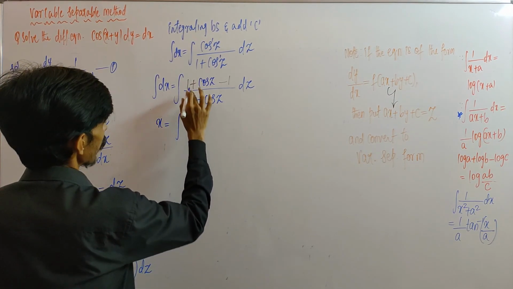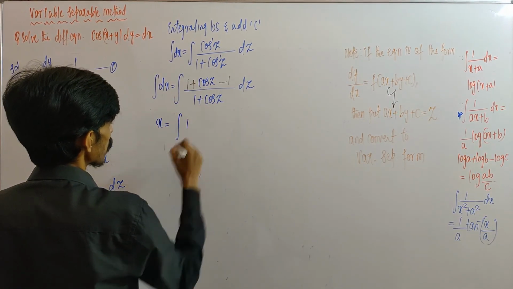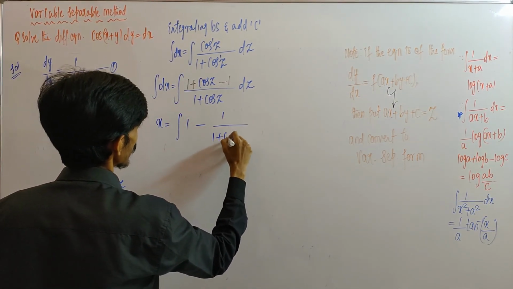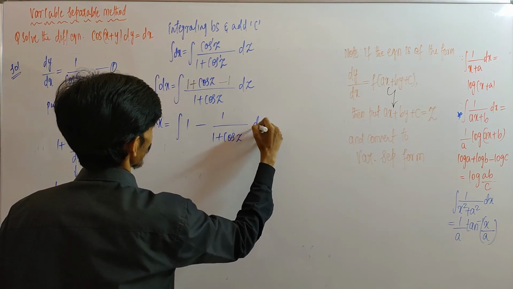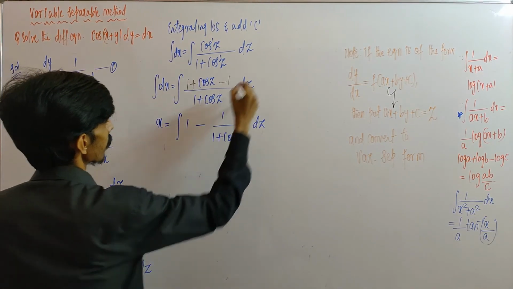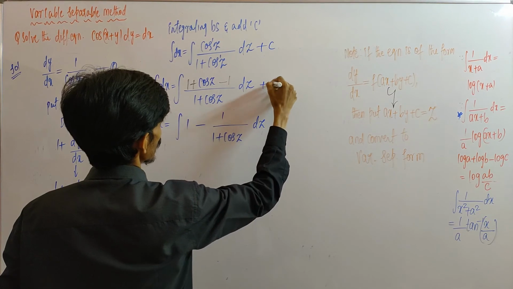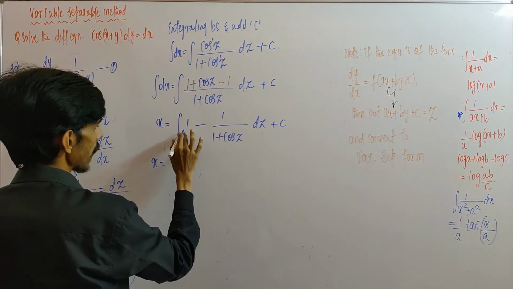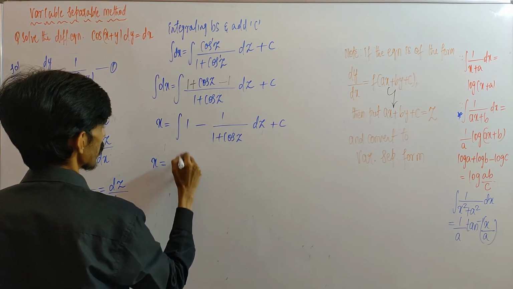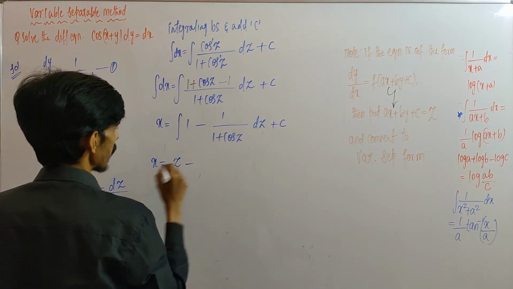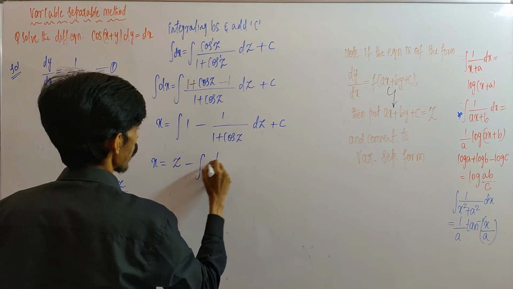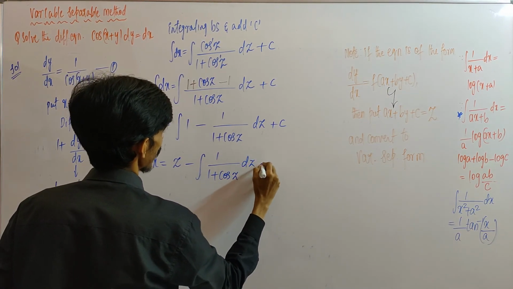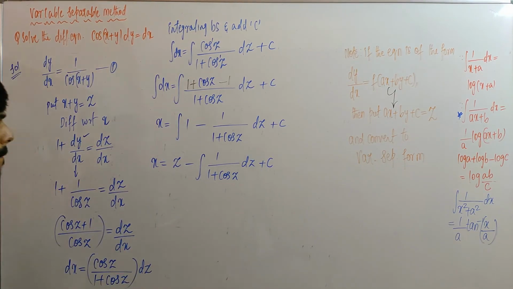Now separate it. 1 plus cos z by 1 plus cos z value is 1 minus 1 by 1 plus cos z dz. So here I have constant c. So here it will become x, integration of 1 dz value is z only, minus integration 1 by 1 plus cos z dz plus c.